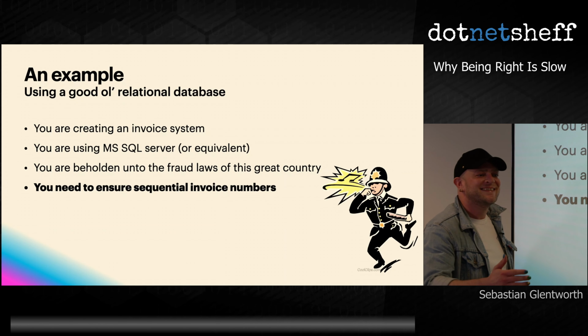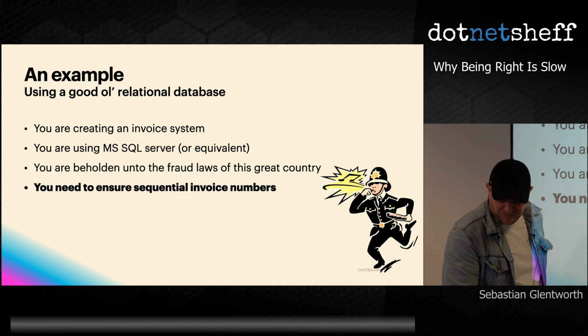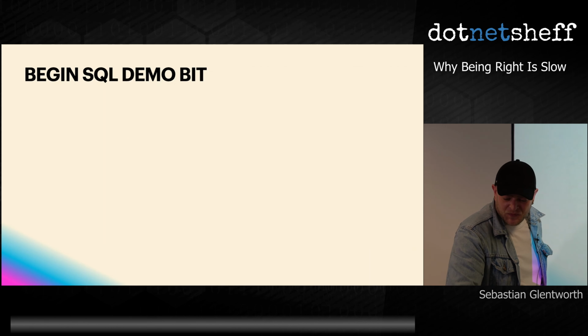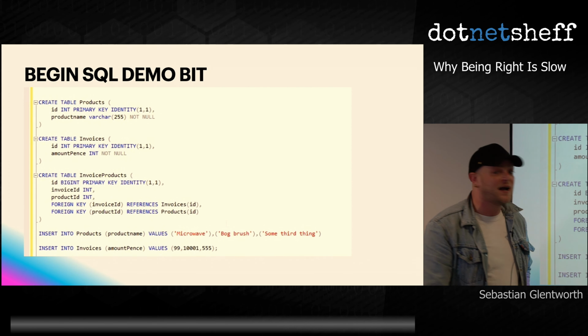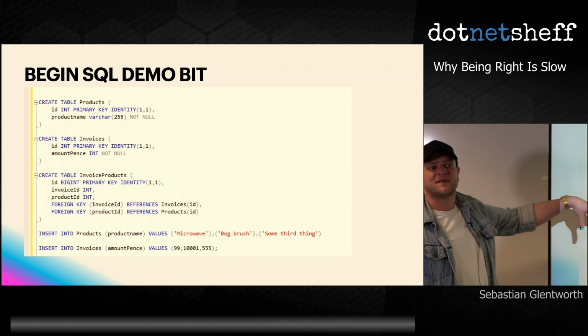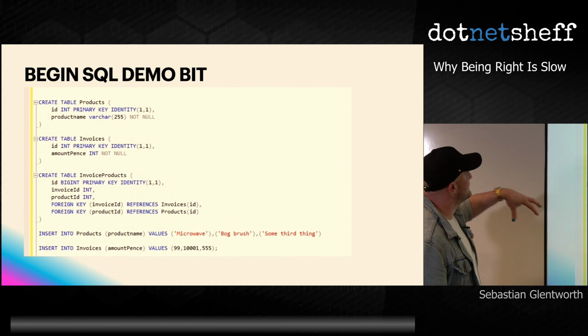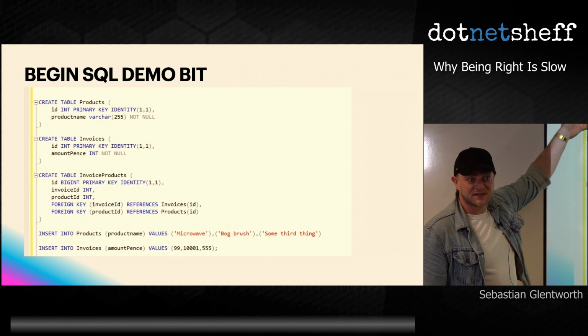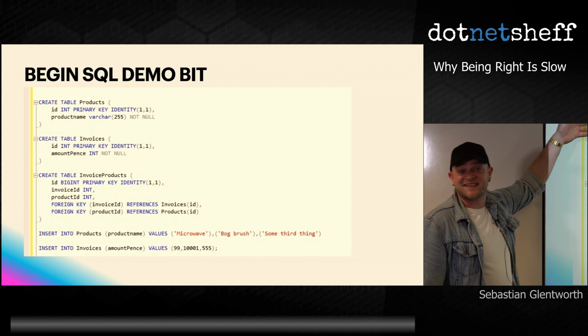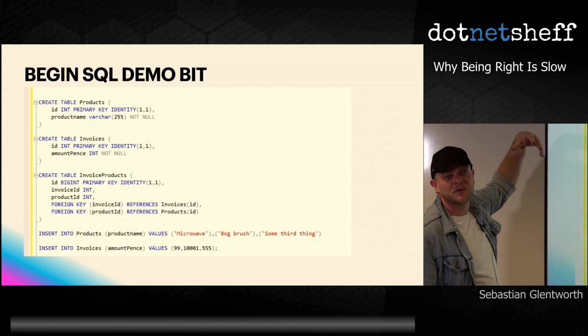There we go. Right. So, what's happening? Well, I've put together a little bit of SQL just to represent a very, very simple invoicing system. If you've not read SQL, we'll go over it a little bit. We have a table of products, which has an ID. This is what you would call a surrogate key.